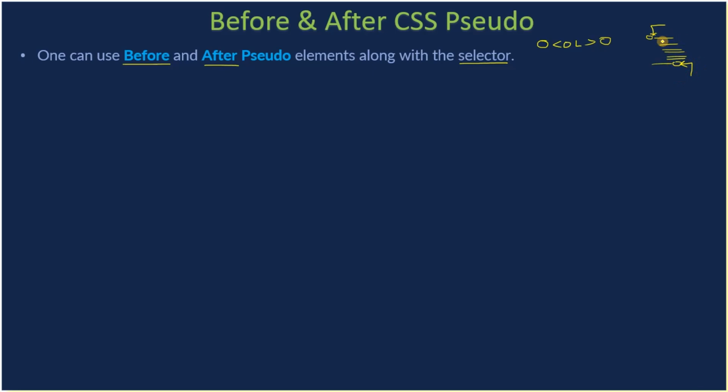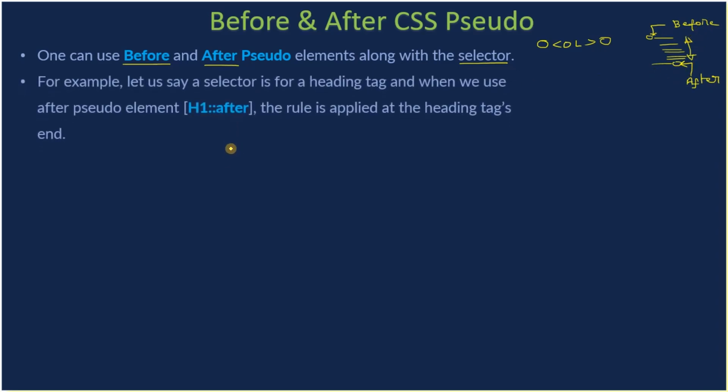So here is the OL and the list of items and the usage of before and after pseudos. So here we talked about one example, and for example, let us say a selector is for a heading tag.